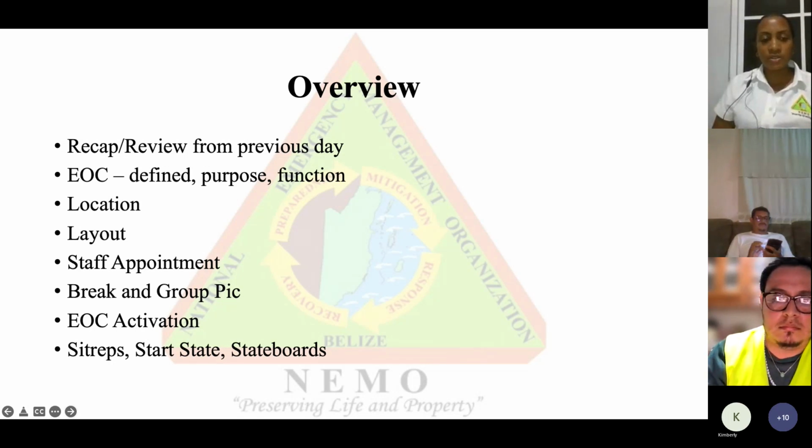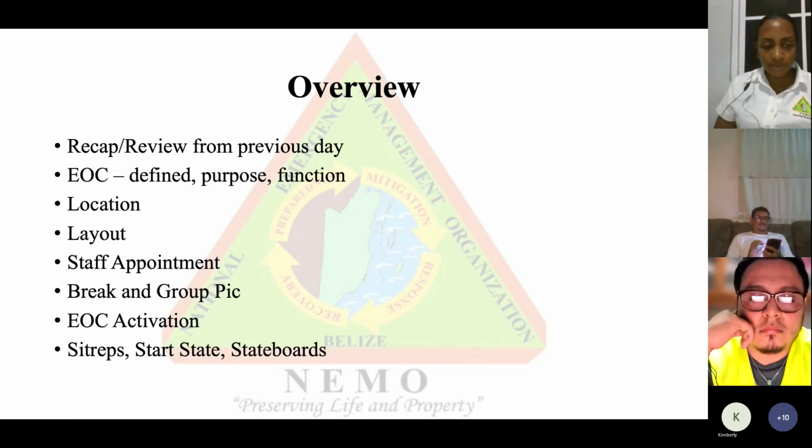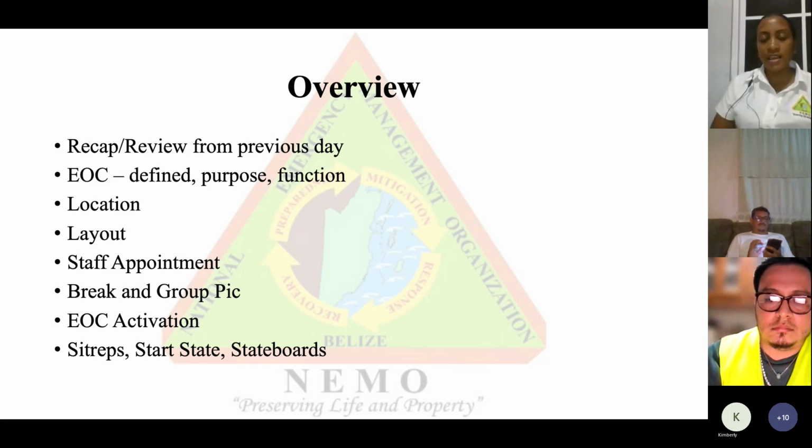We'll look at the layout, staff appointment, and then we'll break for about 5 minutes and take a group picture. And then we'll also go over EOC activation. How are our EOCs activated? Who makes that decision and how is it done? And then we'll finally look at the different reports, as far as situation reports, which are commonly referred to as SITREPs, and status boards.